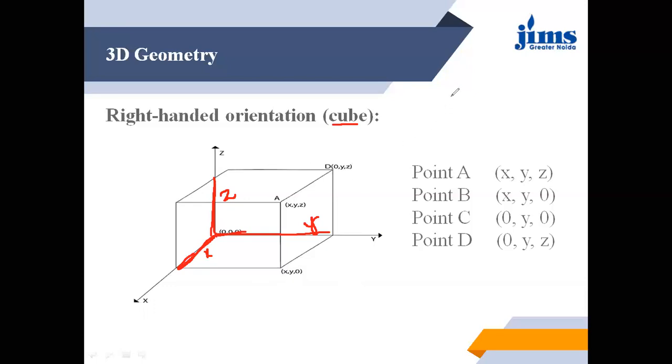Suppose we have a box, then the length of the box is on the x-axis, its breadth is on the y-axis, and z is the height. So these three are perpendicular to each other.